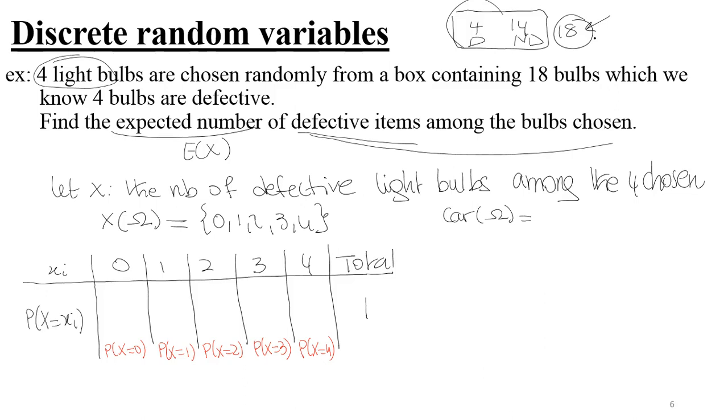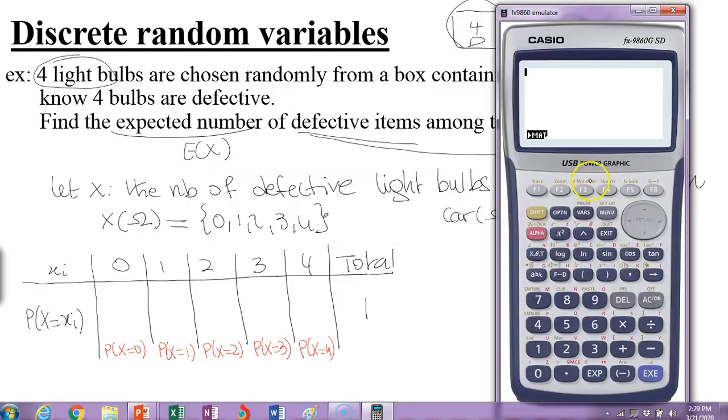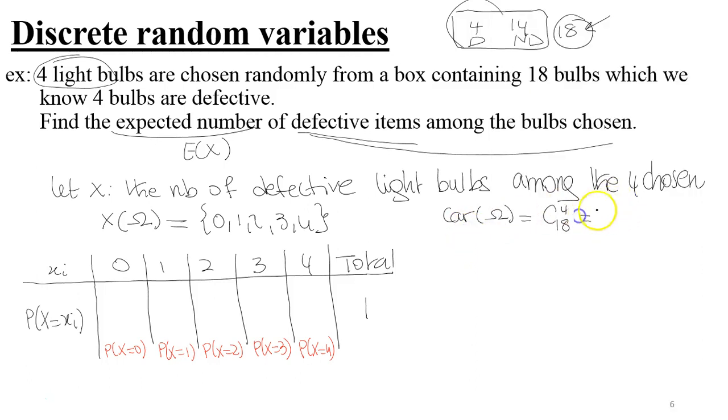So that's a combination of 4 out of 18, which is 18C4 = 3060. So there are 3060 ways I could be choosing these groups of 4 light bulbs.